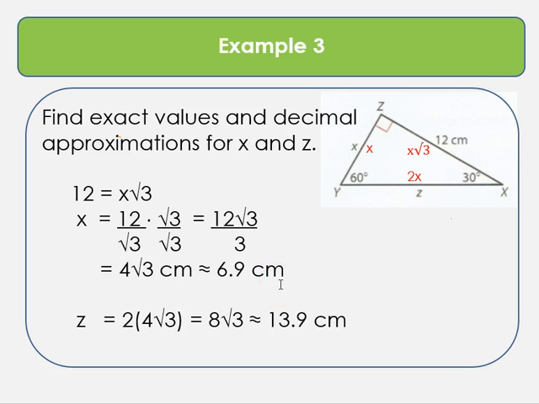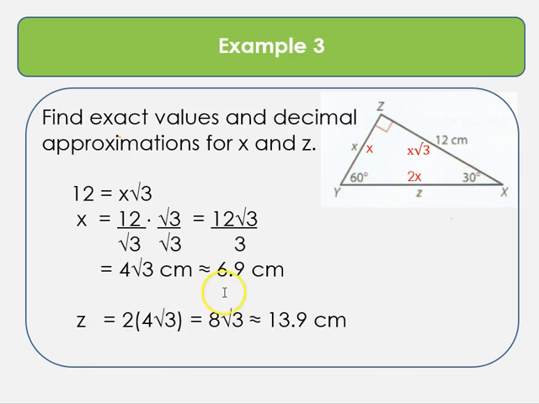Now we need to solve for the other side. So we have x, which is 6.9, we have 12, and we know that z, the hypotenuse, is 2 times the short leg.